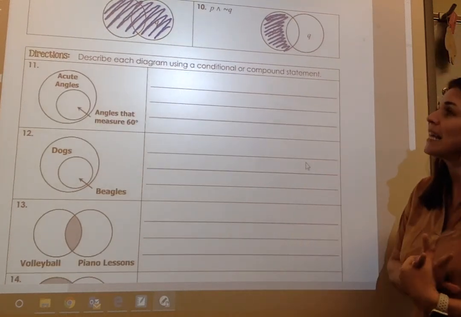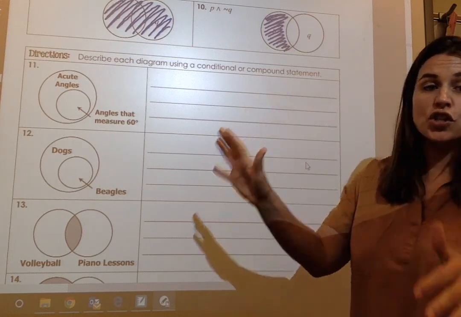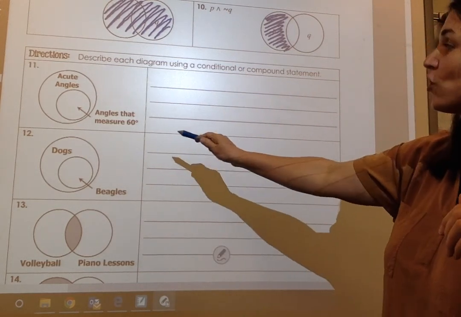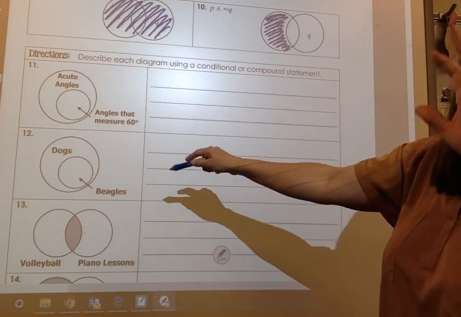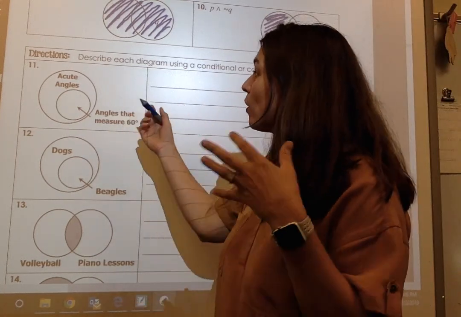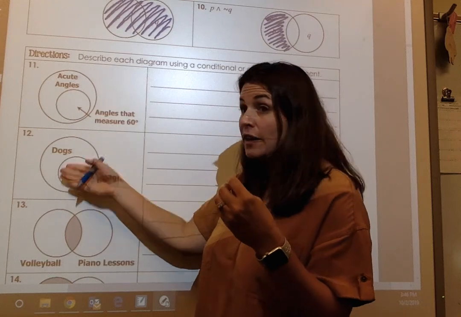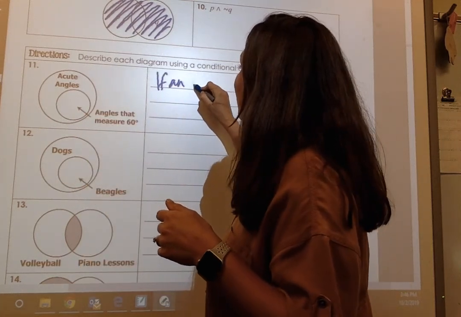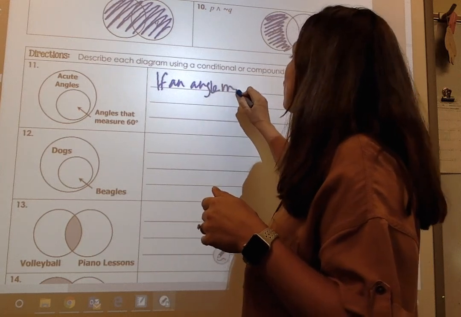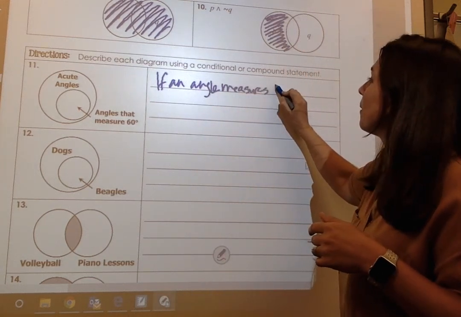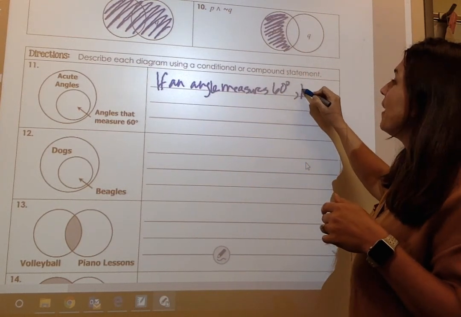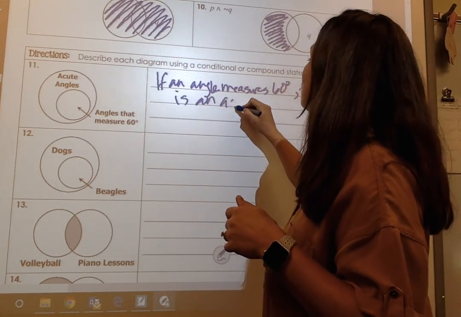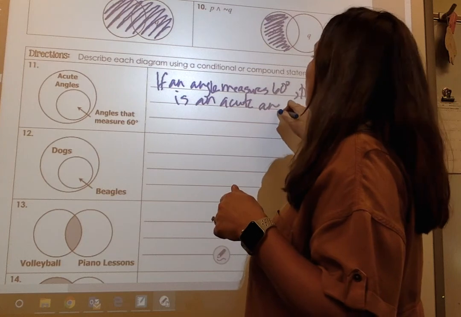Now, let's make a statement. So if I wanted to describe this, I would say if an angle measures 60 degrees, then it is an acute angle. So remember, when you have these Venn diagrams, if P, then Q. So if an angle measures 60 degrees, then it is an acute angle.